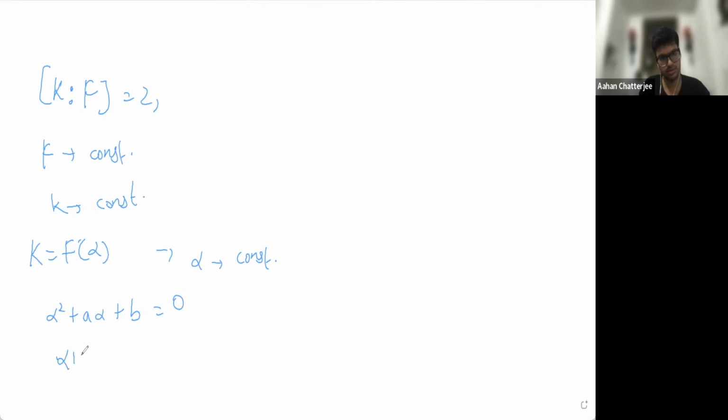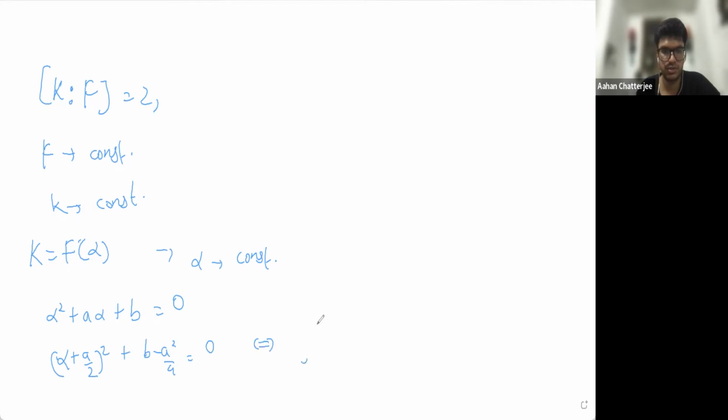You can rewrite this as (alpha plus a by 2) squared plus b minus a squared upon 4 equals 0.